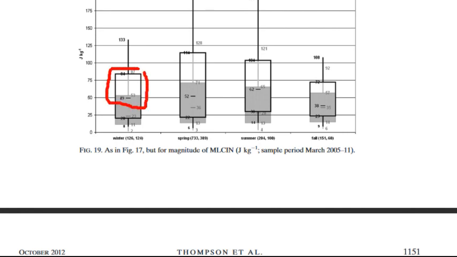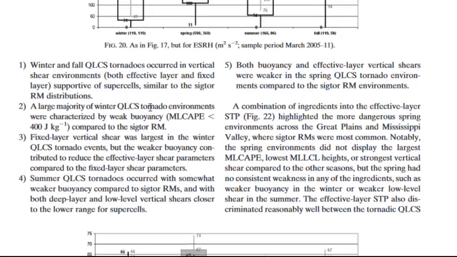Looks like the linear storms like more capping, and that's because they are probably associated with stronger forcing, with those strong short waves coming out and fronts and so on. The discrete storms like isolated supercells are going to need a little bit more help from the synoptic scale environment.